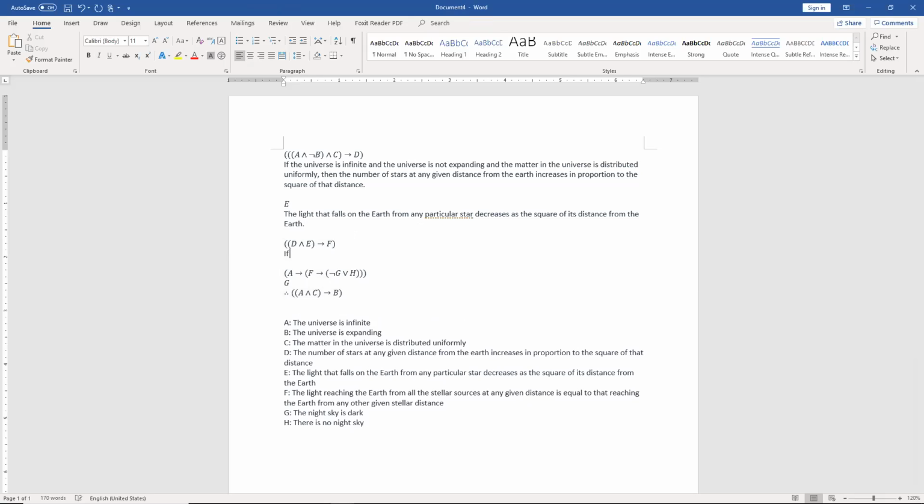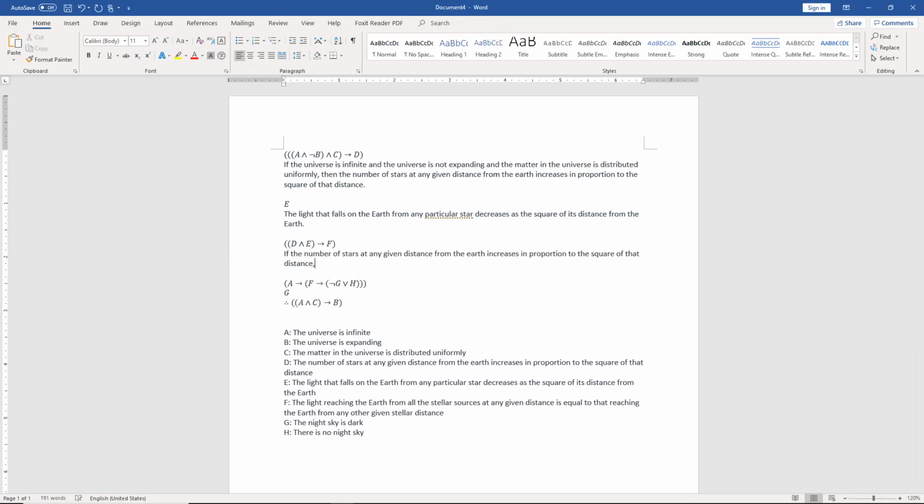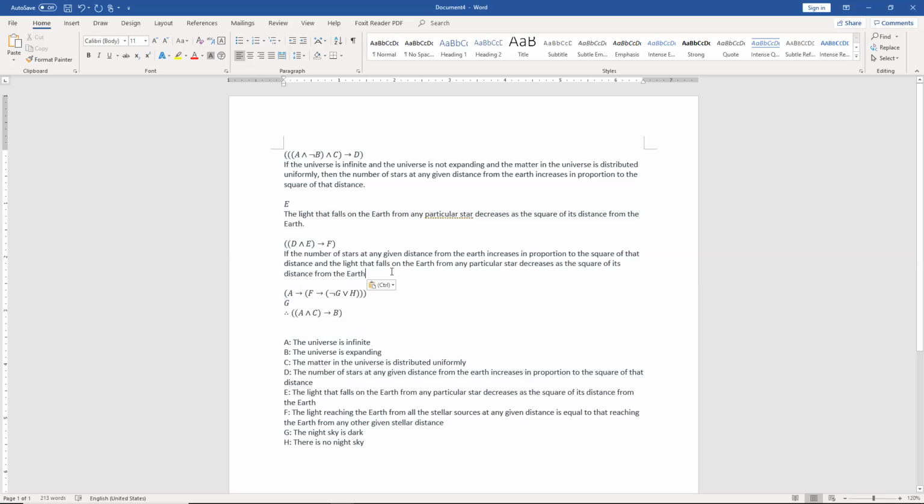So we have, if the number of stars at any given distance from the Earth increases in proportion to the square of that distance, and the light that falls on the Earth from any particular star decreases as the square of its distance from the Earth, then this whole thing.